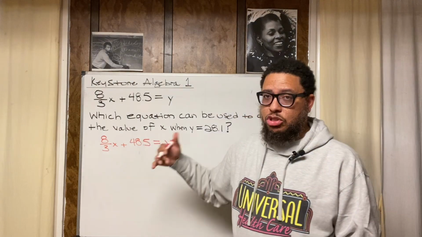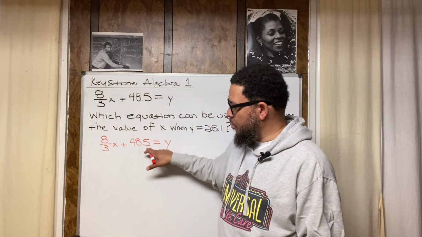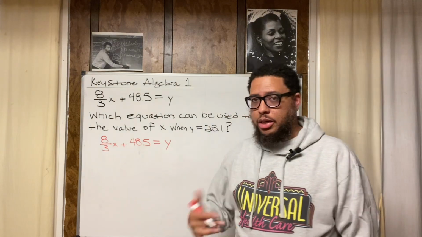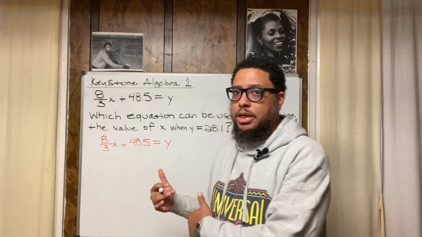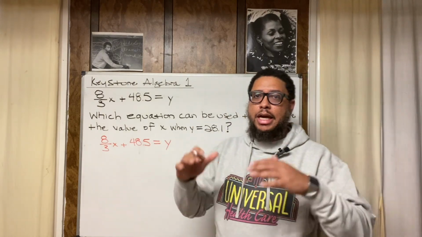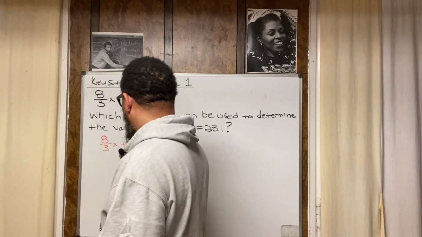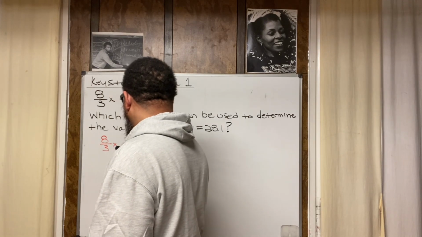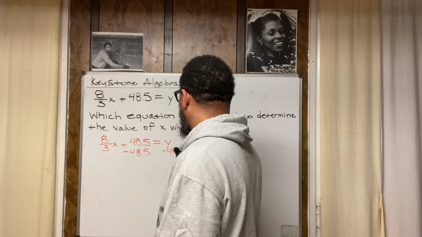So what I'm going to do is the opposite operation to eliminate it. The opposite of adding 48.5 is subtracting 48.5. And we do that on the left side of the equation and the right side of the equation to apply balance, right? Just like in ancient Kemet, Maat, all of that, right? So we got minus 48.5 on the left, and we also have minus 48.5 on the right.